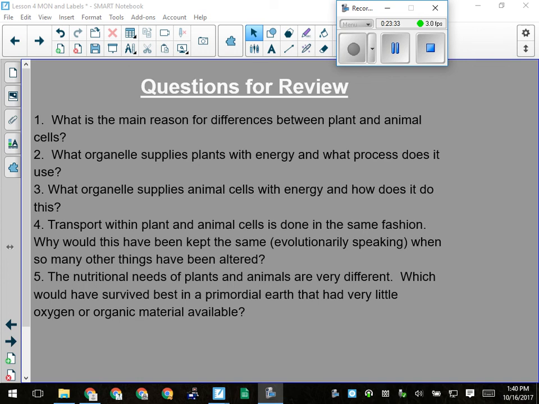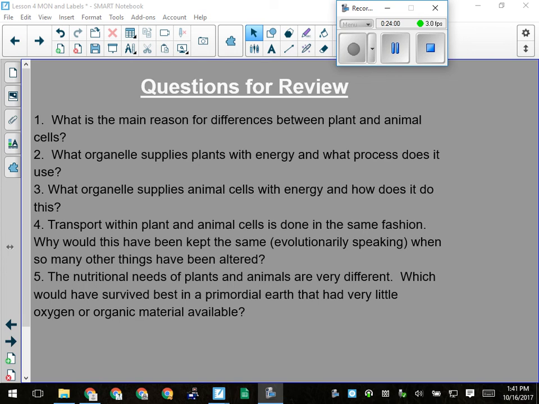If you arc electricity through that mixture, organic molecules like proteins and amino acids can actually be produced. Well, lightning is an electrical arc. So when there was lightning in the early atmosphere, it could have produced the organic molecules necessary for life to begin. That's the abiotic synthesis of life idea.